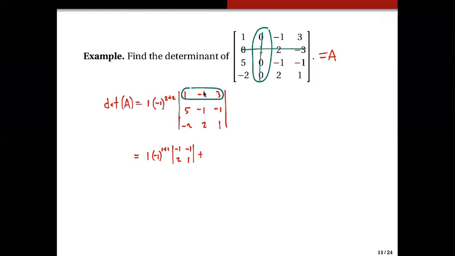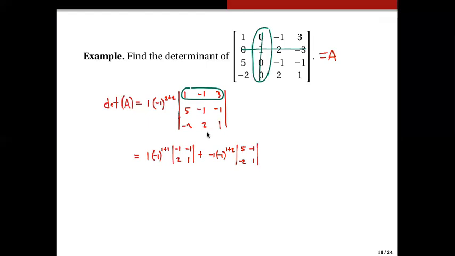Let us take this guy here. So negative 1 times negative 1. This is now the 1, 2 entry. So 1 plus 2. Determinant. Okay, this is the 1, 2 entry. Determinant. So we remove this column, we remove this row. We will have 5, negative 1, negative 2, positive 1.